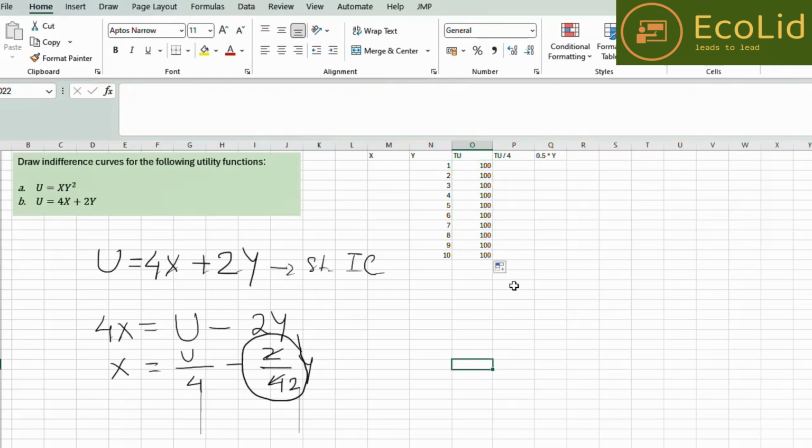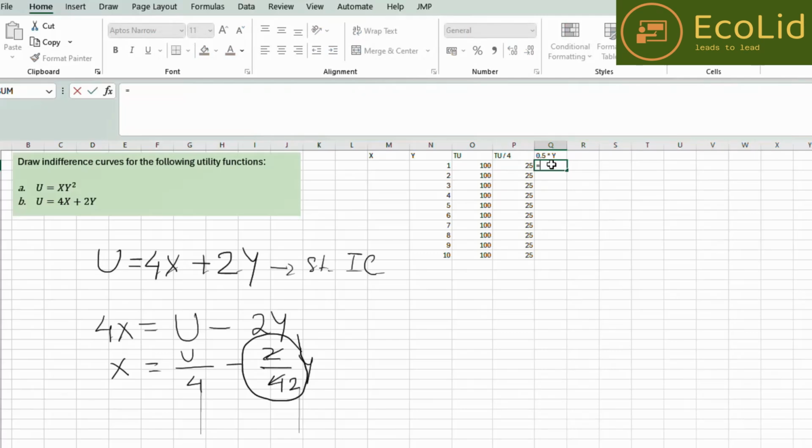Now we need to connect the cells by using the formulas. So here, U by 4 for this column. First we will connect the cells, so total utility divided by 4. This is our intercept. So just drag and drop and we will have the same intercept. Now it's time to connect the values of y with the slope.